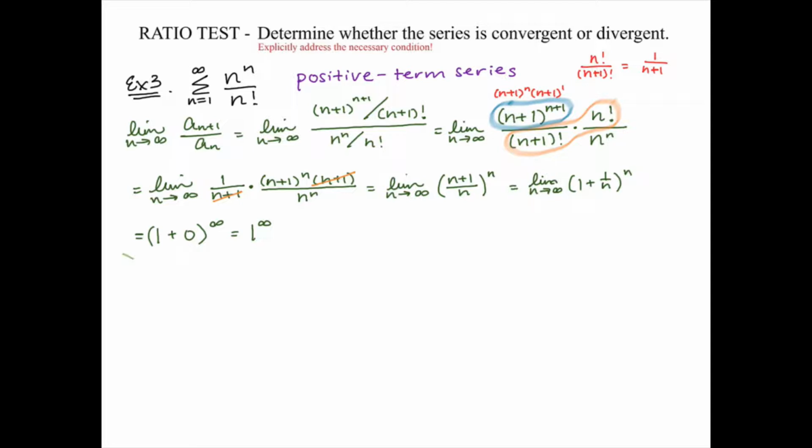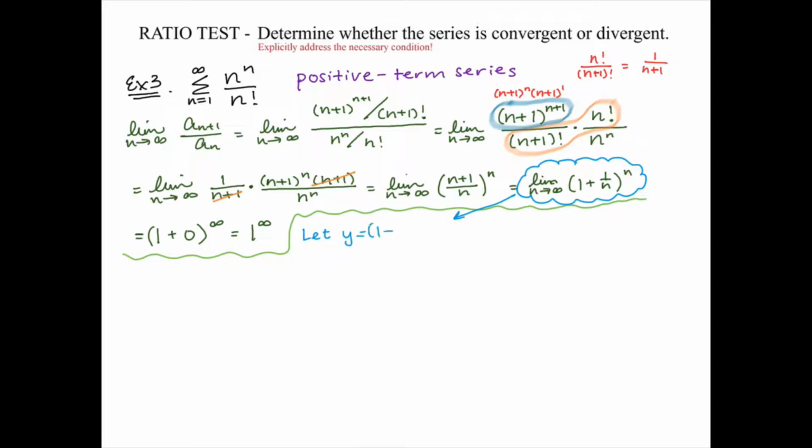Okay, so here we are with this expression here. I'm going to start right here. Let's let y equal (1 plus 1 over n) to the n.